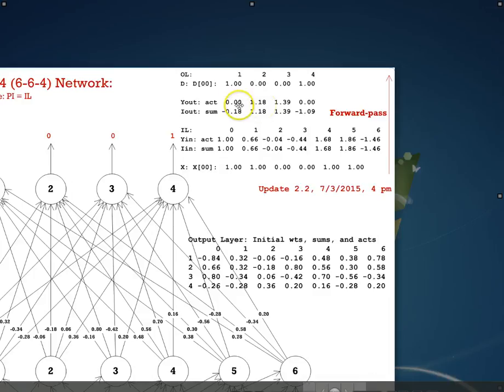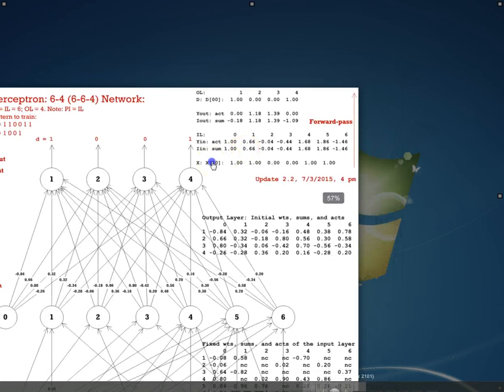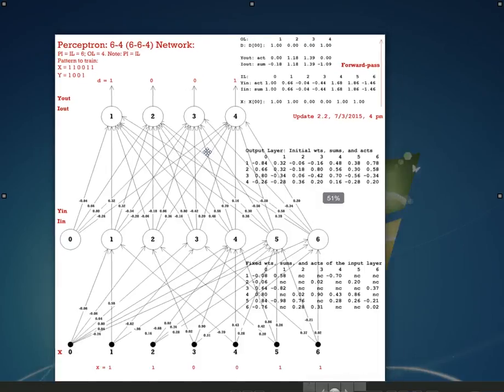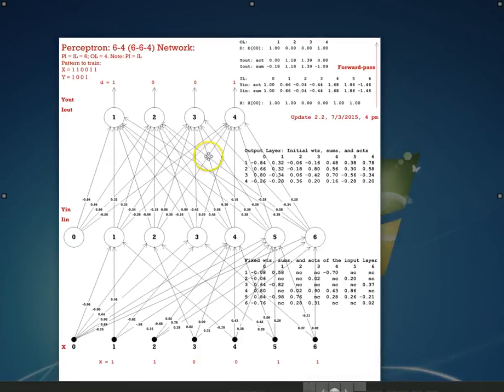Based on the computed values and the desired value, we know how much the error is. Based on that, we can make corresponding corrections, or training, and that's what we will be doing in the next section. So that's the model, the perceptron network consisting of essentially 2 layers.